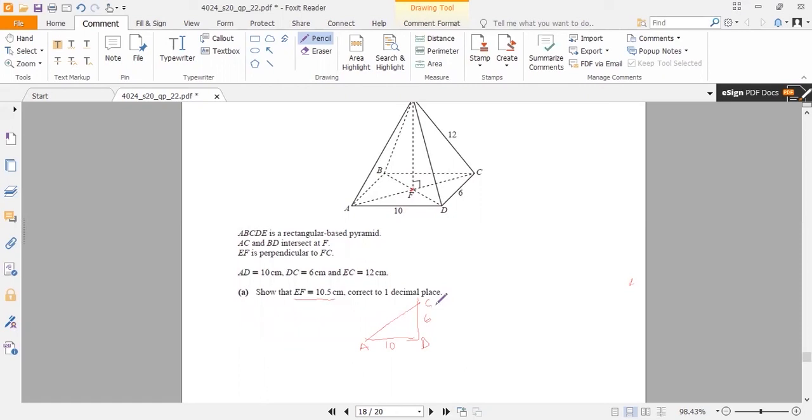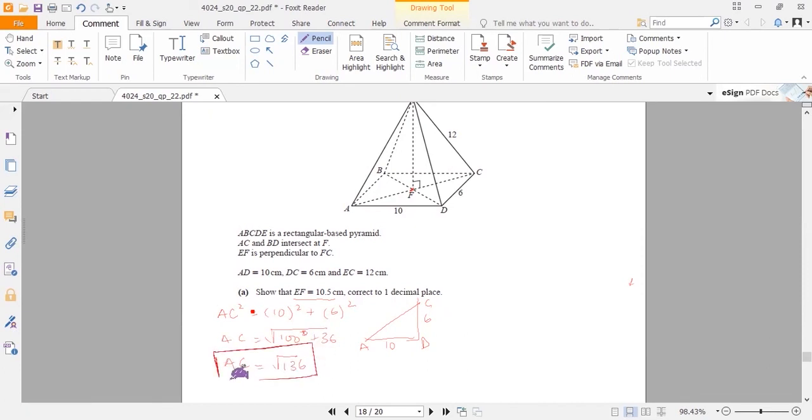If we apply the Pythagoras theorem, AC squared is equal to 10 squared plus 6 squared, which is 100 plus 36. So the value of AC is the square root of 136. Now we have the value of AC.